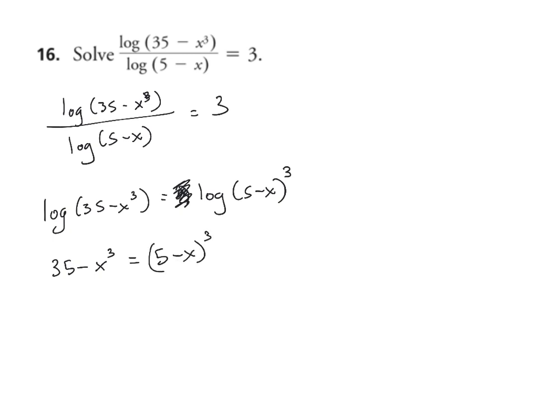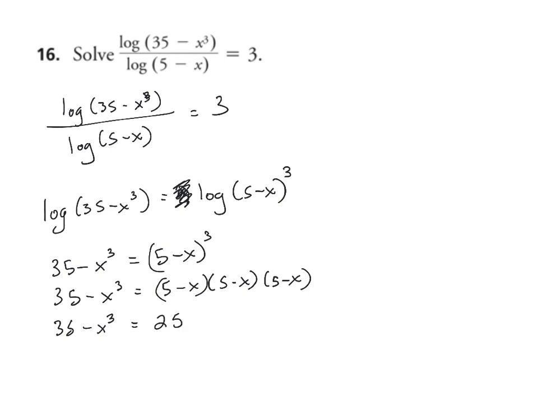cubed. All right, let's break that apart. 35 minus x cubed equals (5 minus x) times (5 minus x) times (5 minus x). 35 minus x cubed equals, this is 25 minus 10x plus x squared, and we still have to multiply that by 5 minus x.